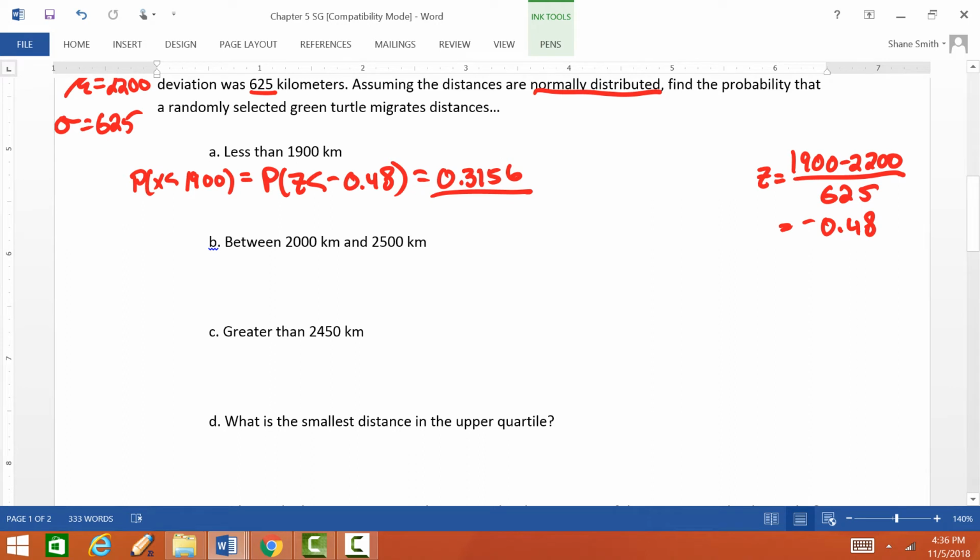Okay, between two values, so between 2,000 and 2,500. This requires using two z-scores, the z-score for 2,000 and 2,500.